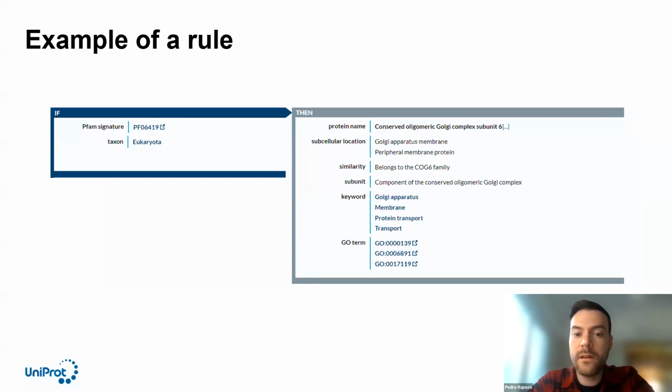We are going to see later in the next slides what signatures are more specifically. And at the end, the TrEMBL proteins with these two conditions will automatically get the annotations described in the right panel. So they are going to get a protein name, subcellular location, etc.